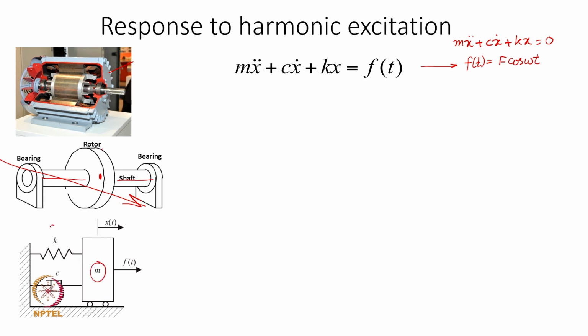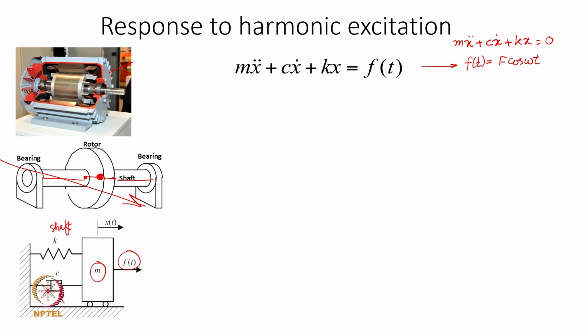This represents the shaft stiffness, and maybe some damping can be assumed in the shaft material. This again becomes a single degree of freedom system, which will be subjected to a forcing function because of the unbalance created by the residual unbalanced mass.